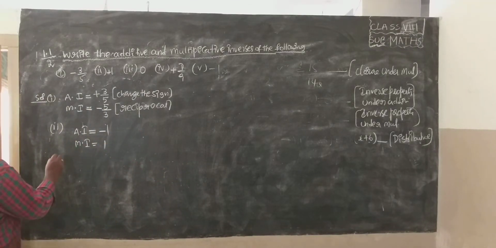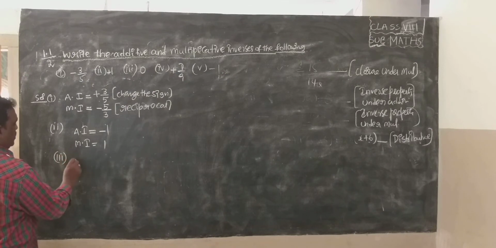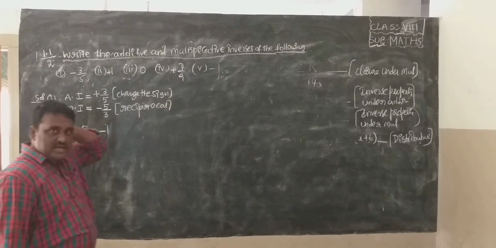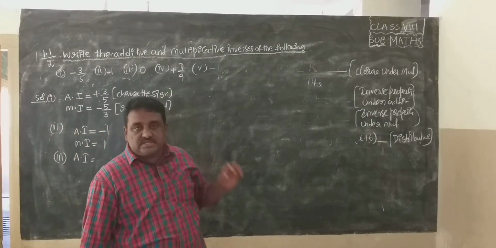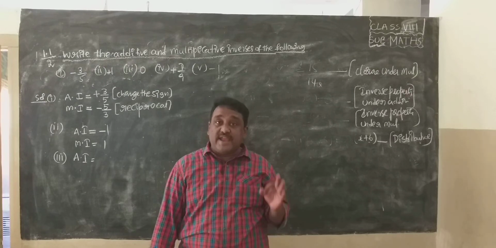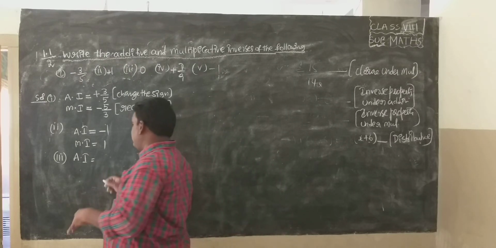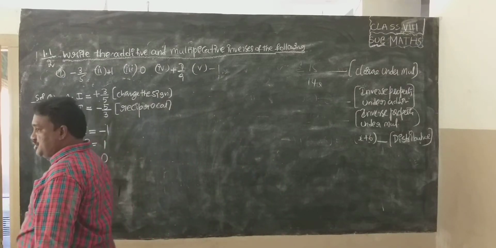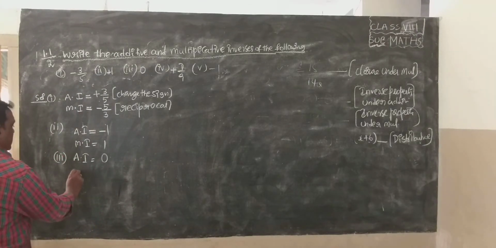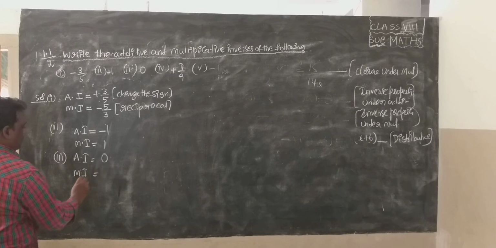Third one, 0. Additive inverse of 0. I told you in the introduction, 0 is neither positive nor negative, it is neutral. So what is the additive inverse of 0? Itself, 0 only. What is the multiplicative inverse of 0?